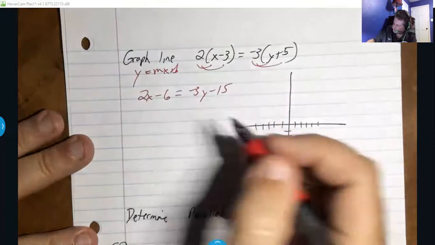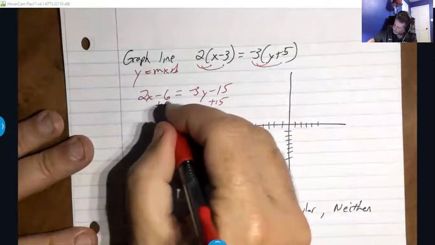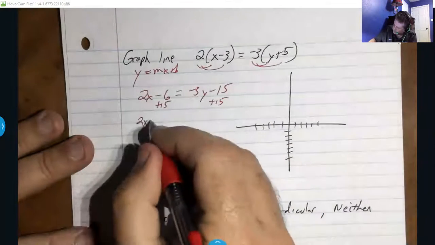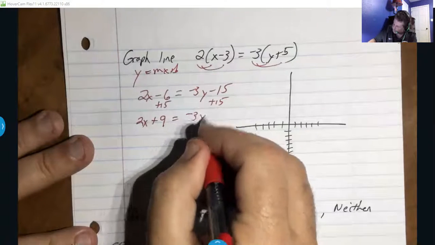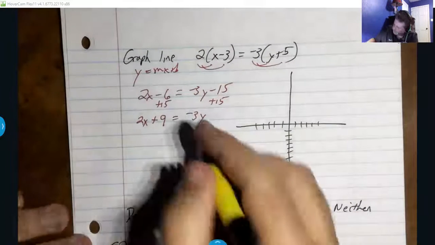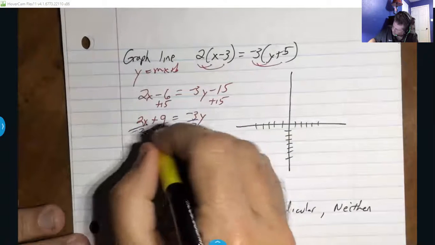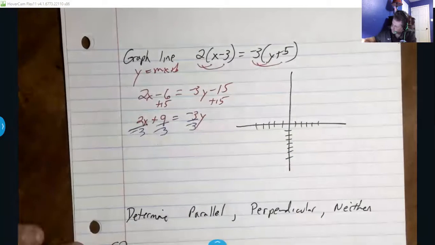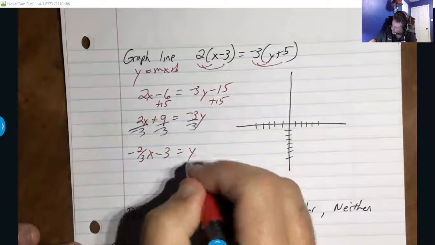We're going to add 15, so we have 2x plus 9 is equal to -3y. And we're going to divide everything by -3. That's going to leave us with y = -2/3 x - 3.